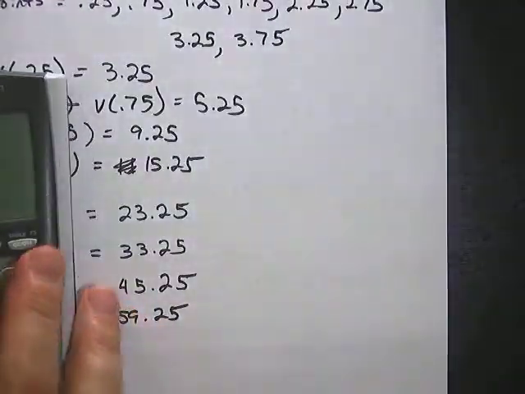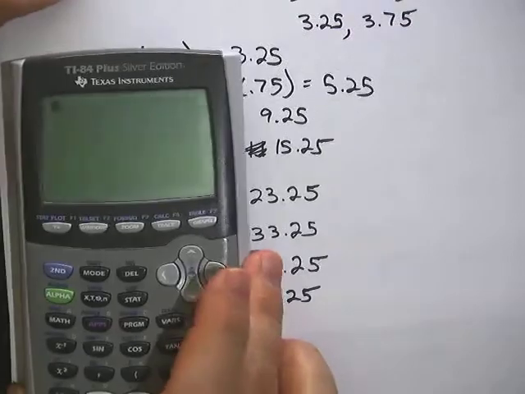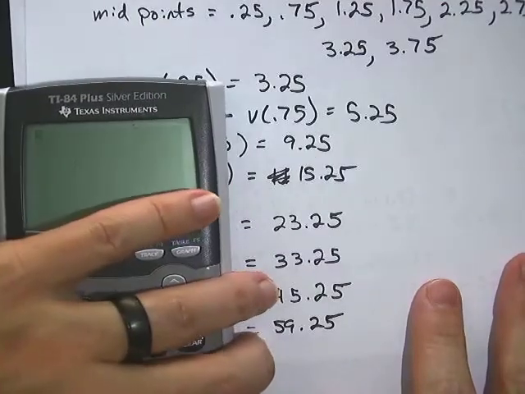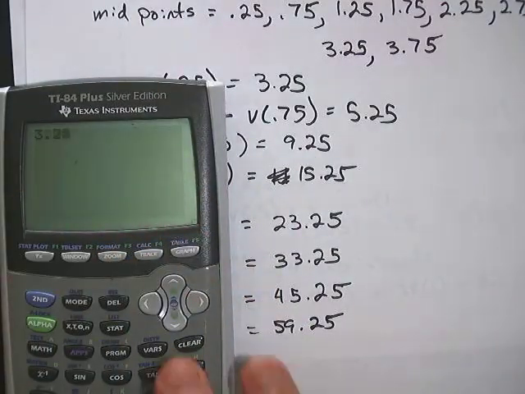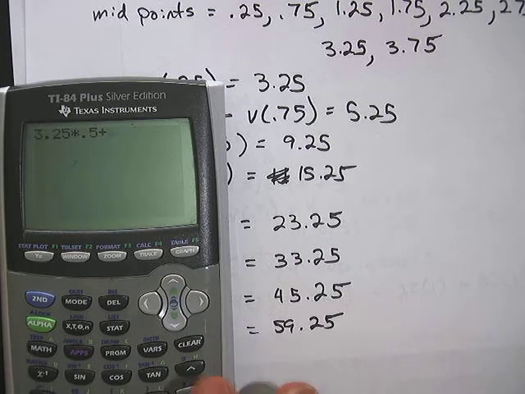So let's go ahead and add these. My calculator here where you can see it. Okay, so 3.25 times 0.5 plus 5.25 times 0.5, and keep going.